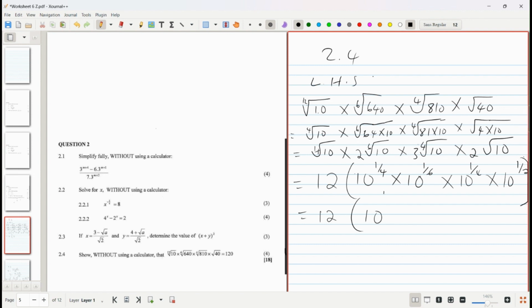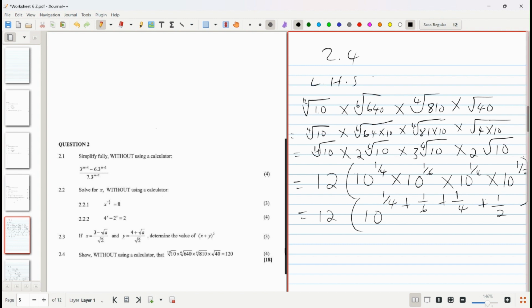So we'll have 10 to the power 1 divided by 12 plus 1 divided by 6 plus 1 divided by 4 plus 1 divided by 2.